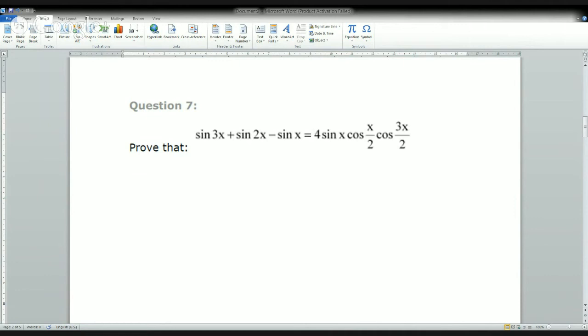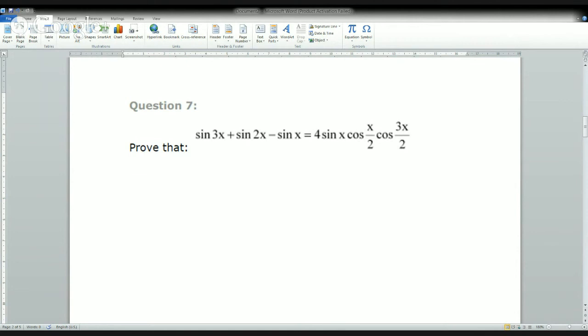Then expand this using the formula of sine of 2 theta. So sine of 2x is equal to 2 sine x cos x. So sine of 3x is equal to 2 sine of 3x by 2 and cos of 3x by 2. So let's put 2 sine of 3x by 2 cos 3x by 2, and then we have 2 cos of 3x by 2 plus sine of x by 2.